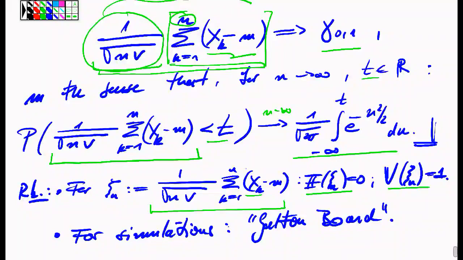This is the same as for the standard normal distribution, which also has expectation 0 and variance 1. So you shift and scale this sum of individual xk just in order to match the first two moments, as we would say, of the standard normal distribution, namely to have the same mean value and the same variance. And then the central limit theorem kicks in and tells you that in terms of distribution, you have convergence to a standard normal distributed random variable.